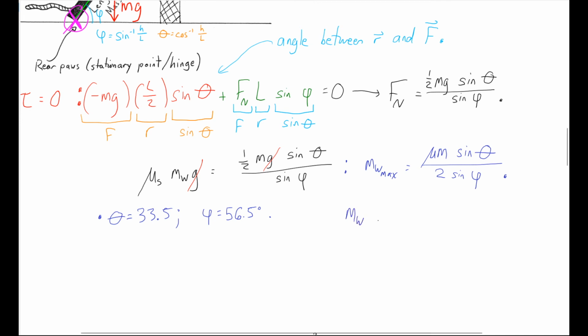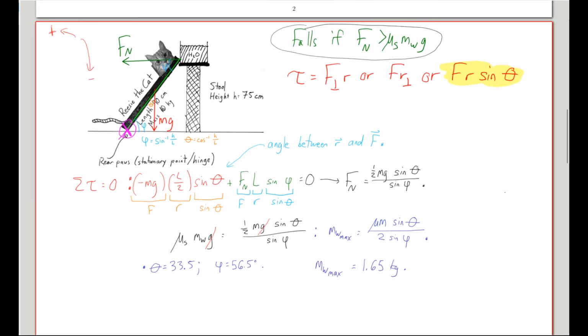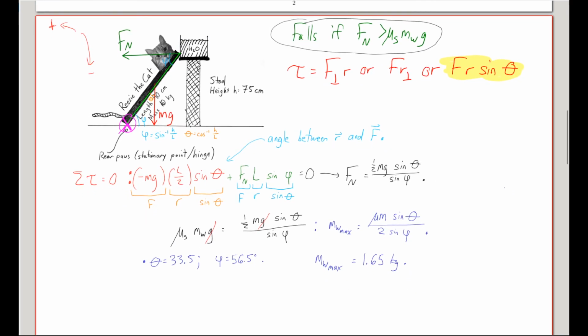So this tells me m_w max is 1.65 kilograms. Okay. Let's think if this makes sense. So we have a 10 kilogram cat able to tip over water that is 1.6 kilograms.